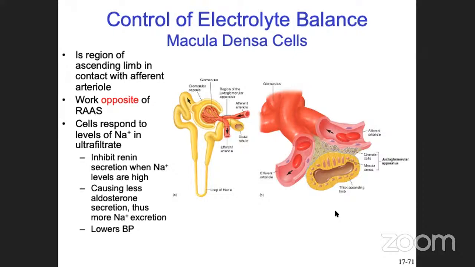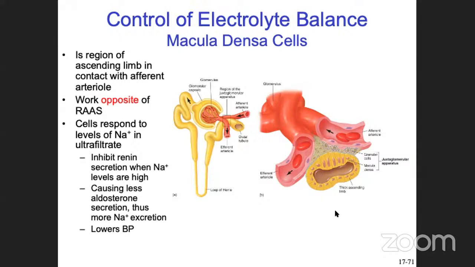All right. On the other hand, if the afferent arterioles have detected very low blood pressure, your body needs to activate the RAS system to increase the blood pressure again.